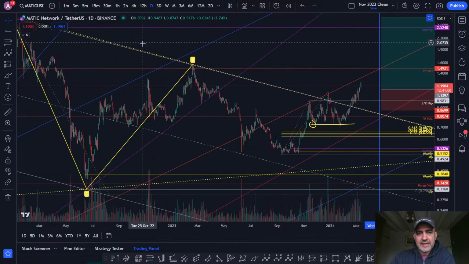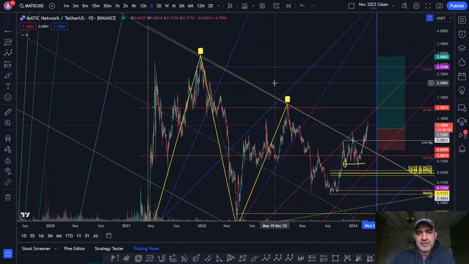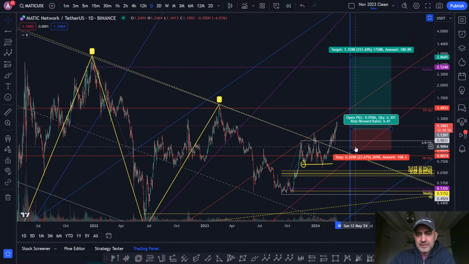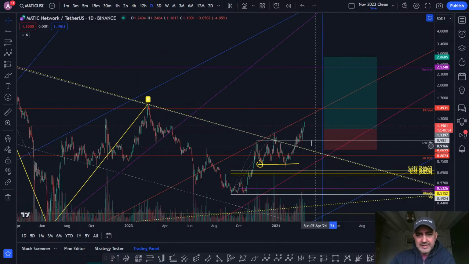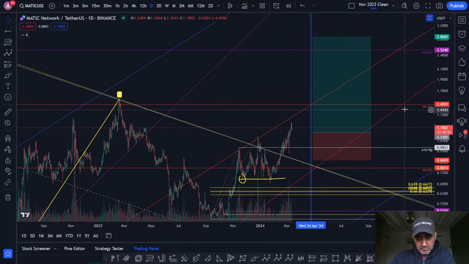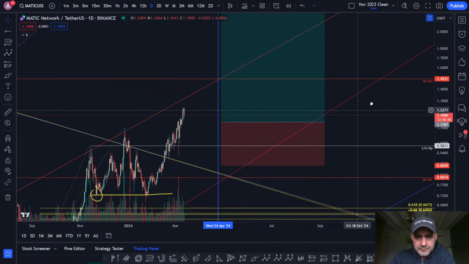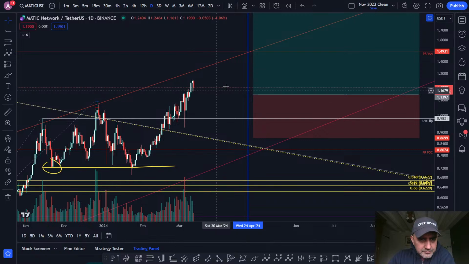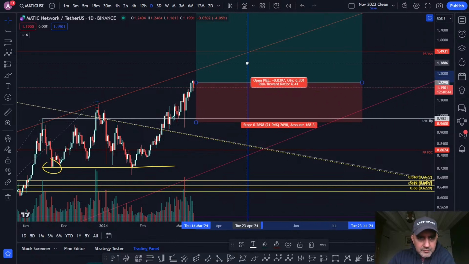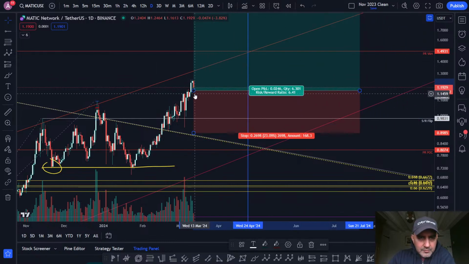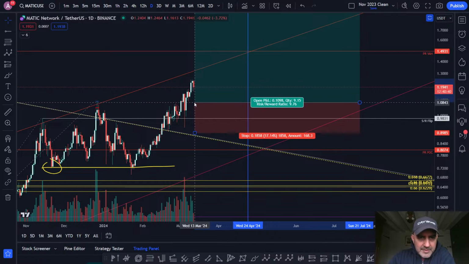It's breaking out of this trend line. This is a bump and run too, potentially. Maybe that's the trade. These pivot lows is the invalidation.